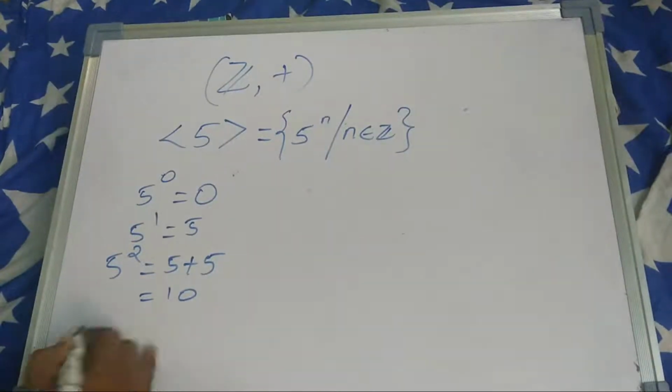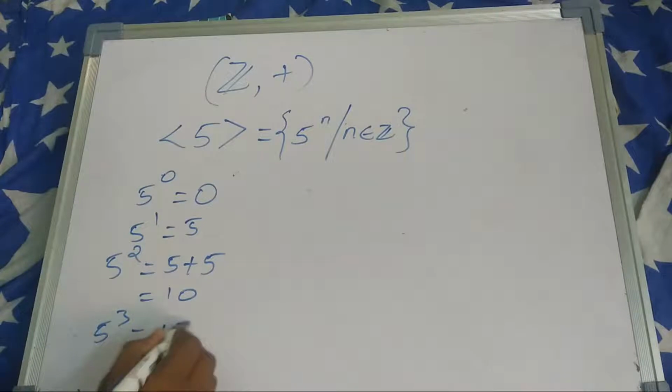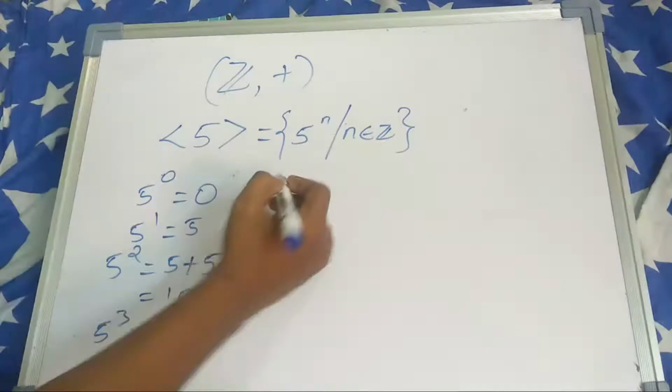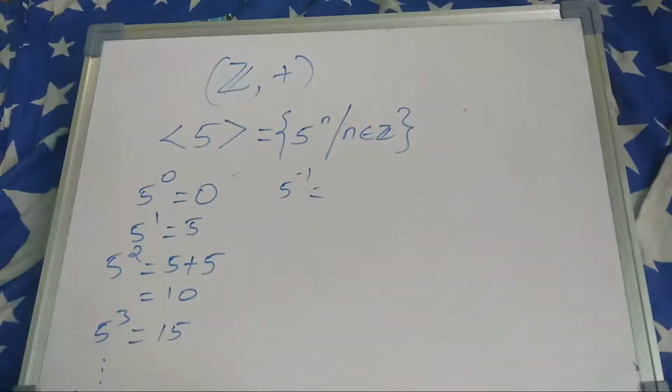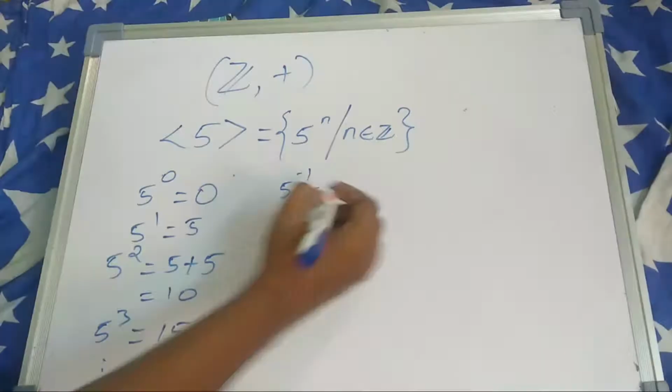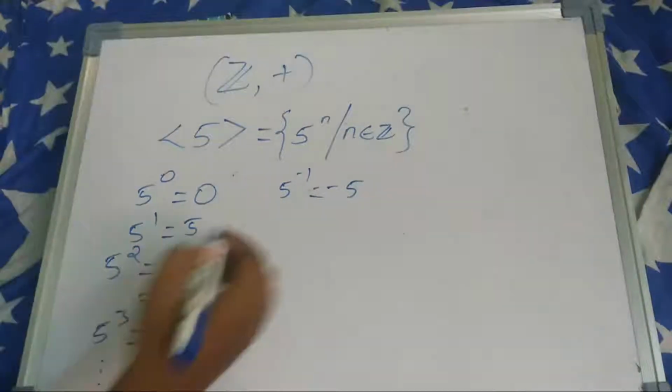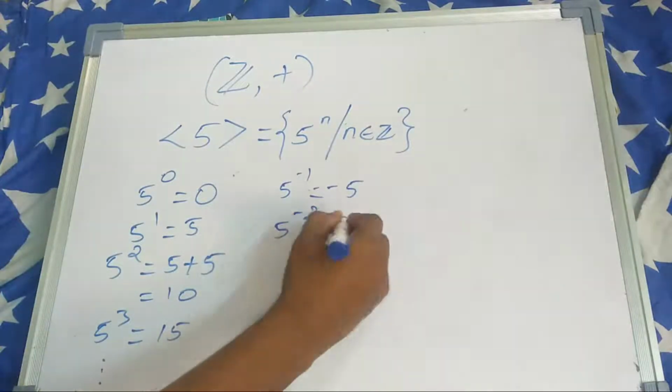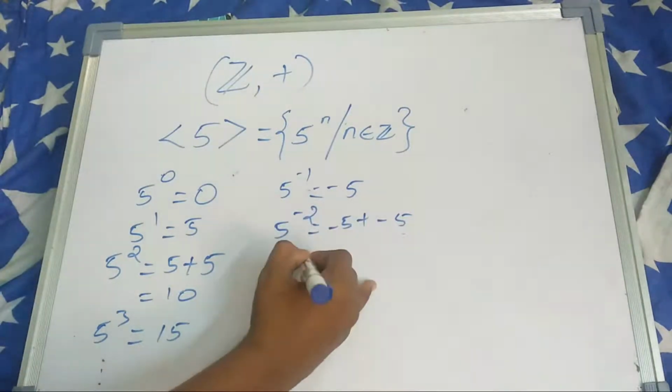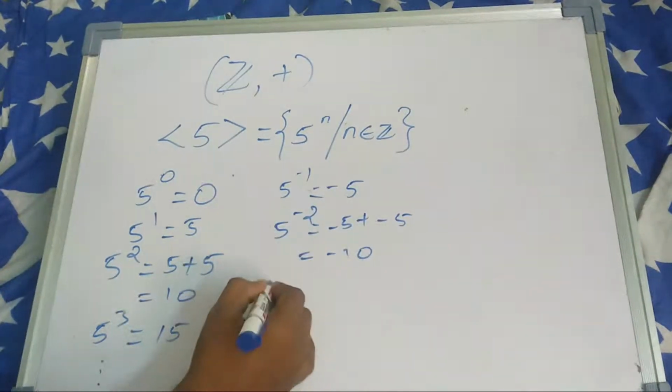Now 5 power 2 is 10. 5 power 3 is 15, and it goes on. 5 power minus 1 is the inverse of 5, which is nothing but minus 5. And 5 power minus 2 is minus 5 plus minus 5, which is minus 10, and so on.